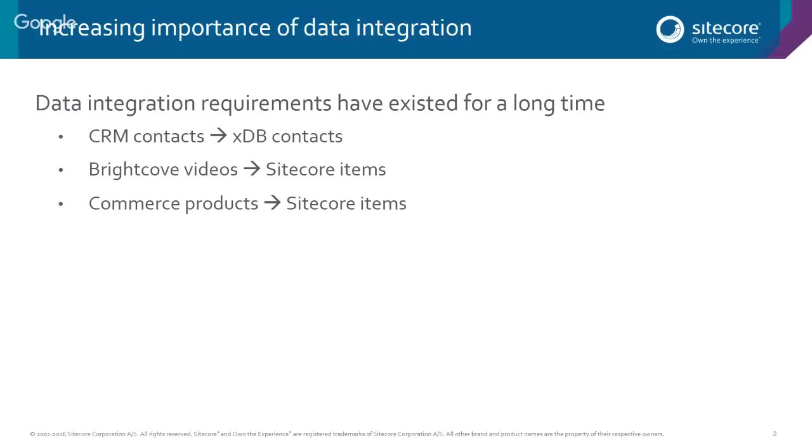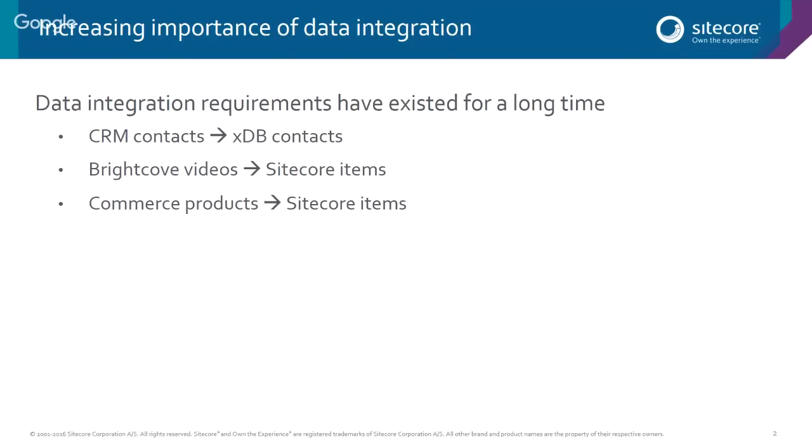So the next example of data integration, if you've been involved with SiteCore and commerce, a lot of times you're going to have your products in a commerce system or in a PIM, and you want to be able to use that product information within SiteCore. So again, exposing third-party data as SiteCore items is another example of data integration.